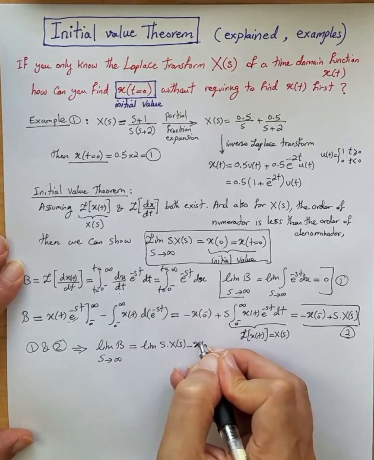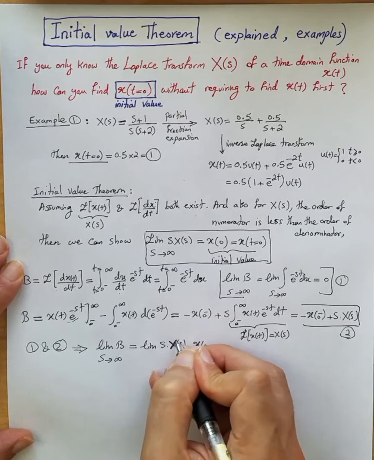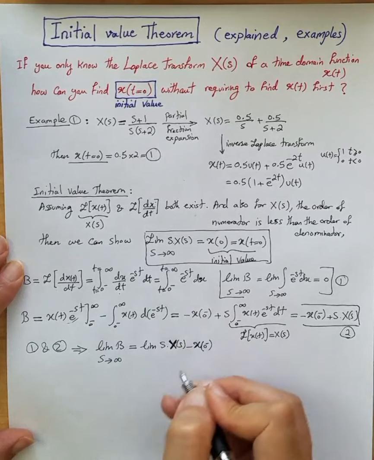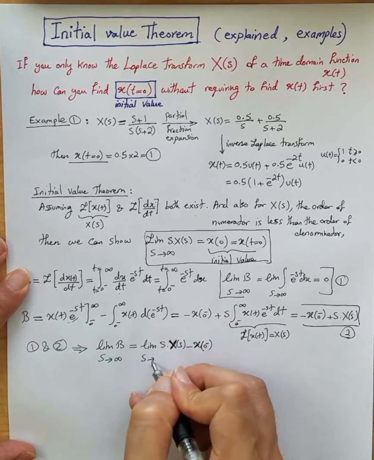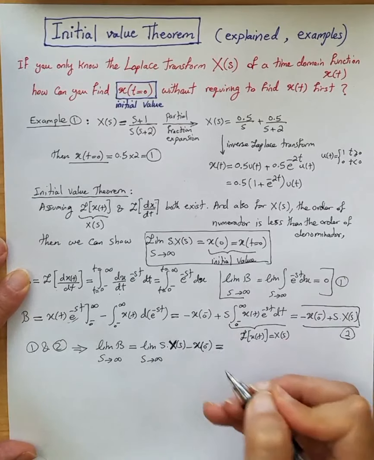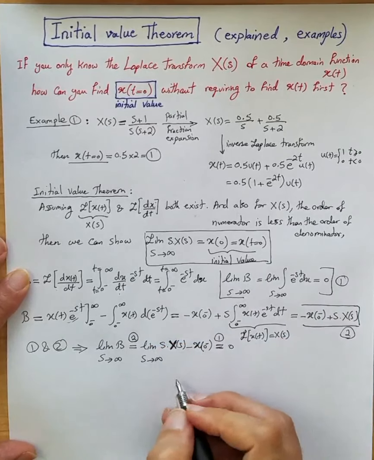This is, by the way, a time domain function. Be extremely careful about this. This is the Laplace transform, an s domain function. So x at time 0 minus, when s goes to infinity, is equal to, this is from 2 and this is from 1, 0.